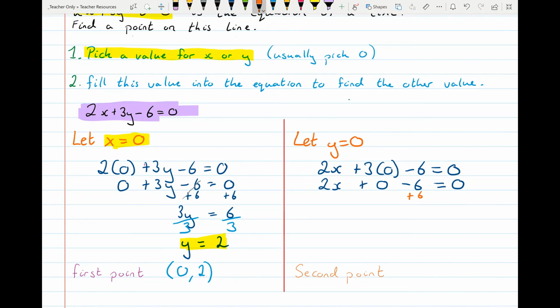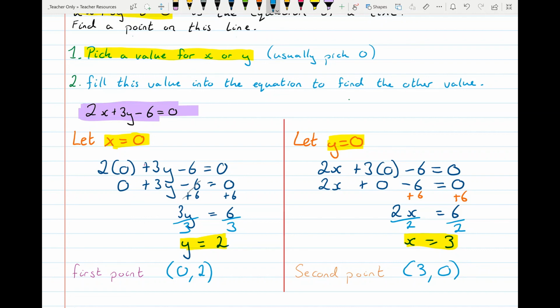We're going to add 6 to both sides again to get the constants to cancel out. And I'm left with 2x equals 6. Divide both sides by 2 to get 1x. X equals 3. So when we substituted in 0 for y, we got an x value of 3. So the second point on this line is going to be 3, 0. X is 3, y is 0.